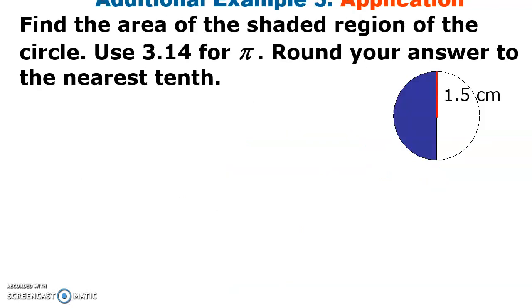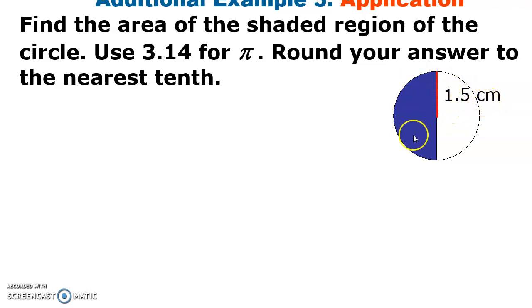Okay, so now one other little caveat to this whole thing. Sometimes you don't want to find the area of the entire circle. You want to find a portion of it. So if we look at this example, they give us a circle that has a radius, see this red line is representing radius, of 1.5 centimeters.